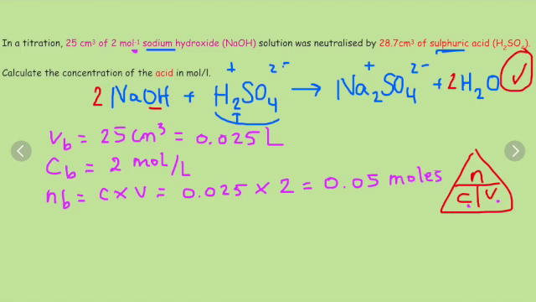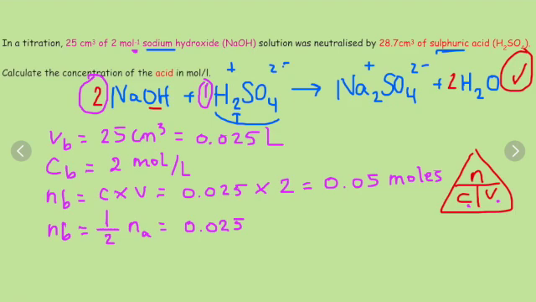Now, in the equation, we can see that the molar ratio is 2 of base and 1 of acid. So we have half of the acid as we have of the base. So number of moles of base is 1/2 of the moles of acid.